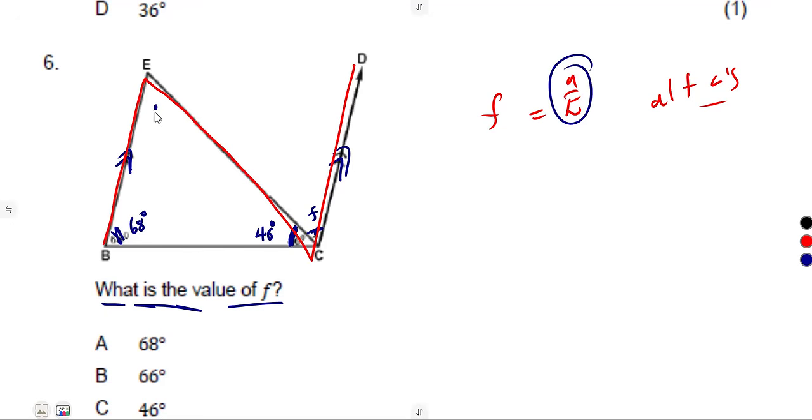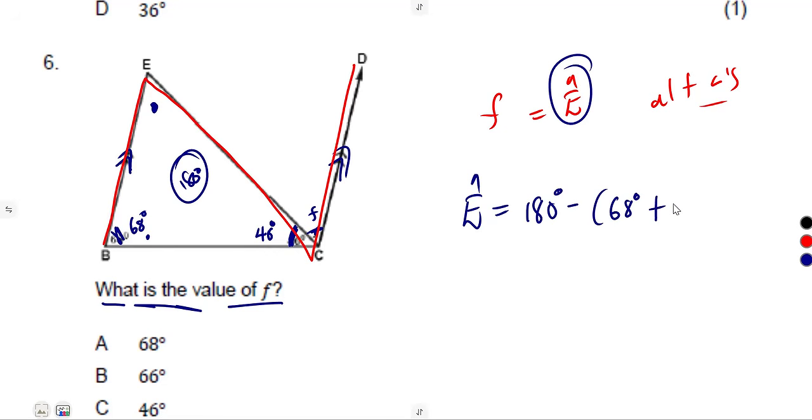But we do not have angle E. We can calculate this angle E from angles in a triangle, which add up to 180 degrees. So that is our angle E. From 180 degrees, we are going to subtract the two angles that are inside the triangle, which are the 68 and the 46 degrees. Those are the two angles that we are given.